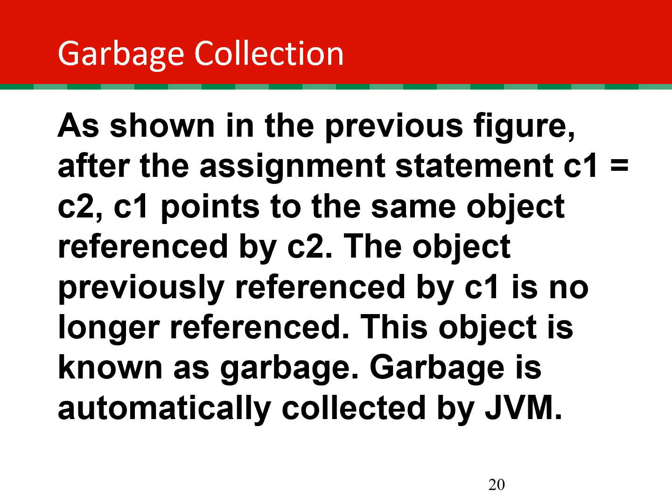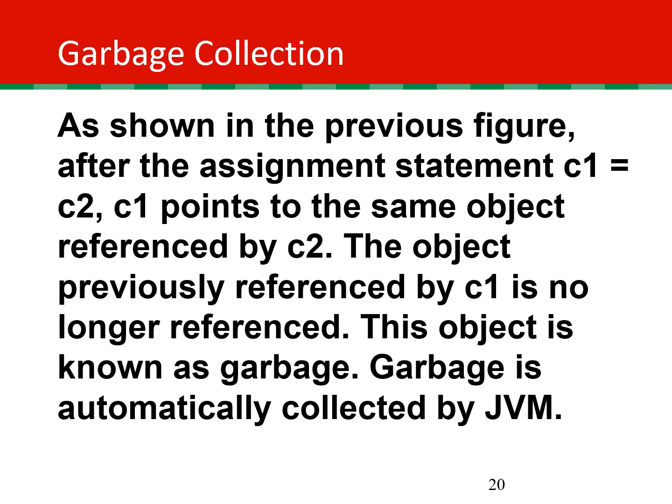As shown in the figure, after the assignment of c1 and c2, c1 points to the same object as c2. The previous c1 object cannot be accessed anymore. When that happens, it is said to be garbage. Garbage is automatically collected by the JVM.